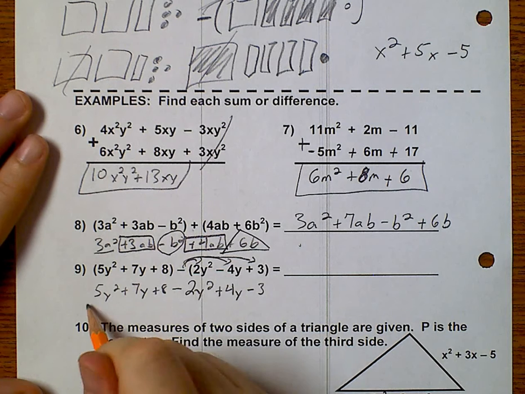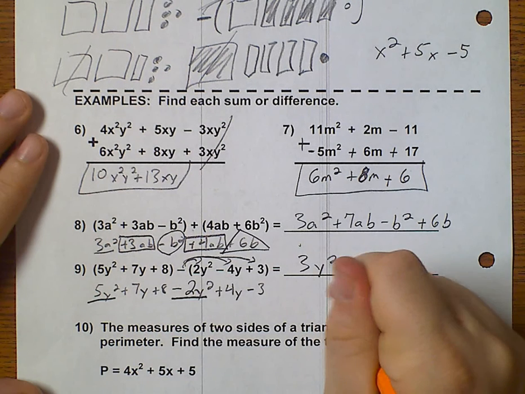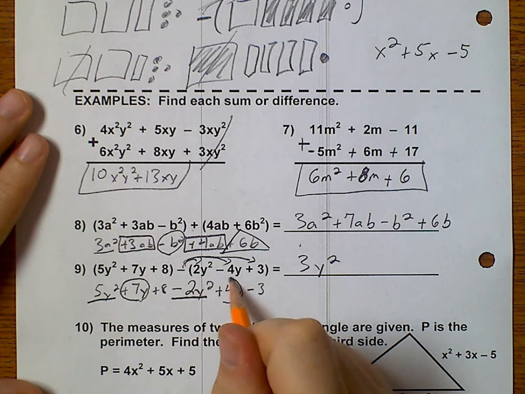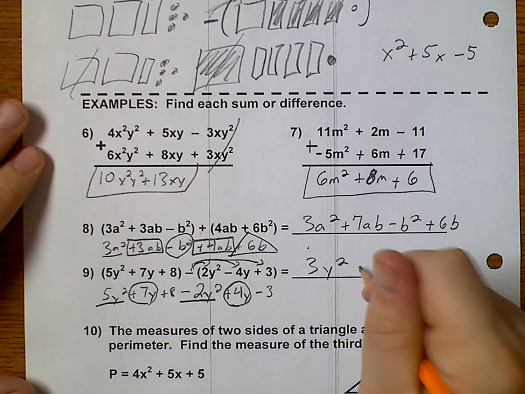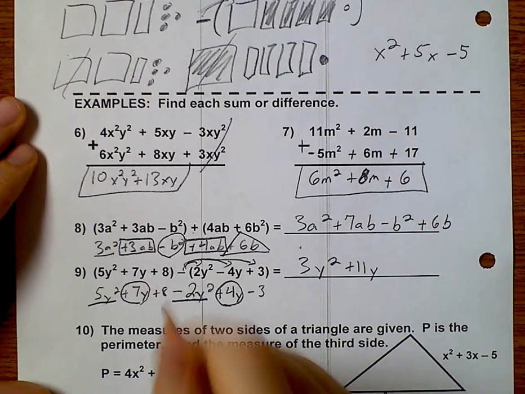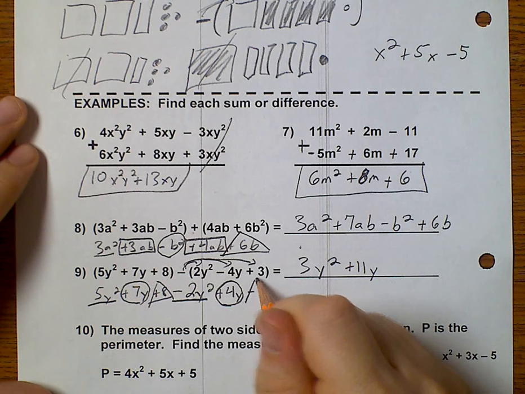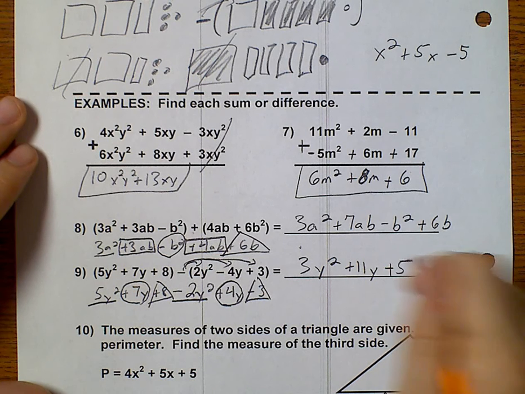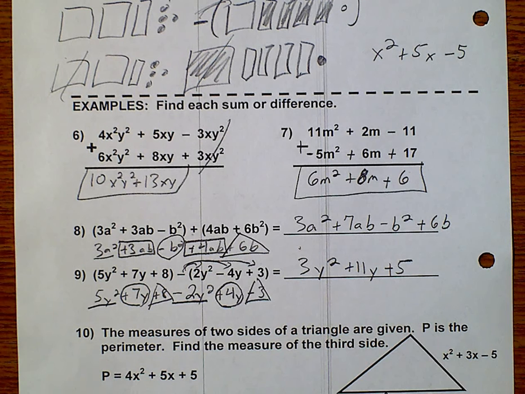And so we have 5y squared minus 2y squared is 3y squared, plus 7y plus 4y, 7, 8, 9, 10, 11, so plus 11y, and then a plus 8 minus 3 would be a plus 5. Notice how I distribute the negative sign so that I could do this correctly.